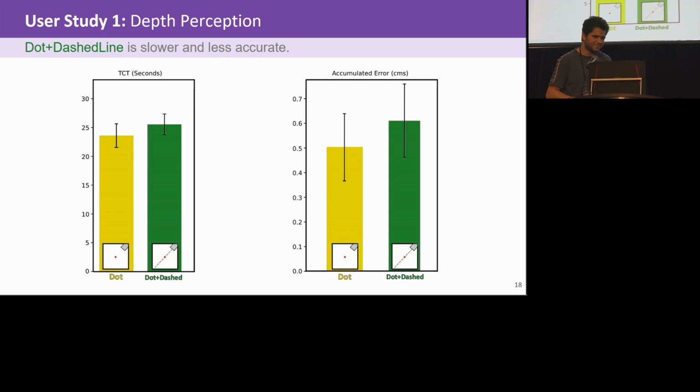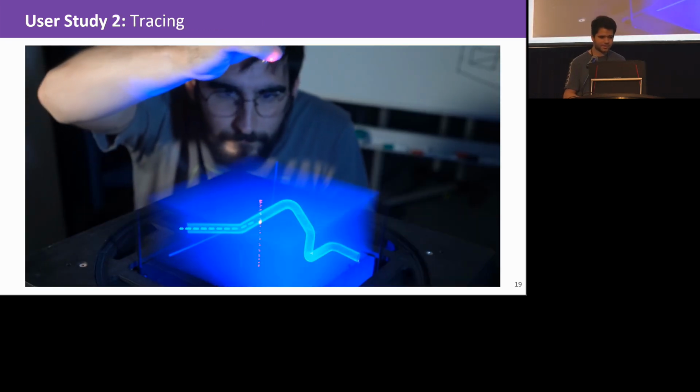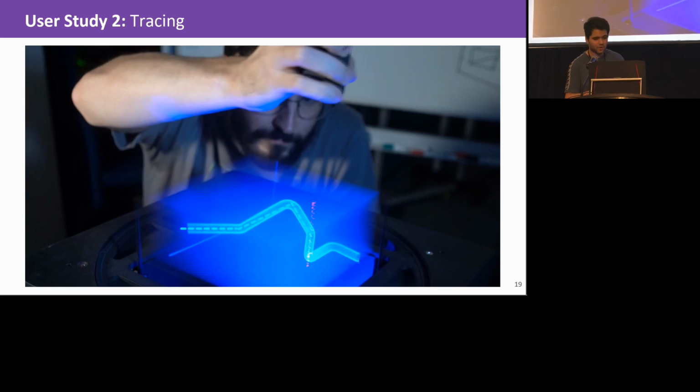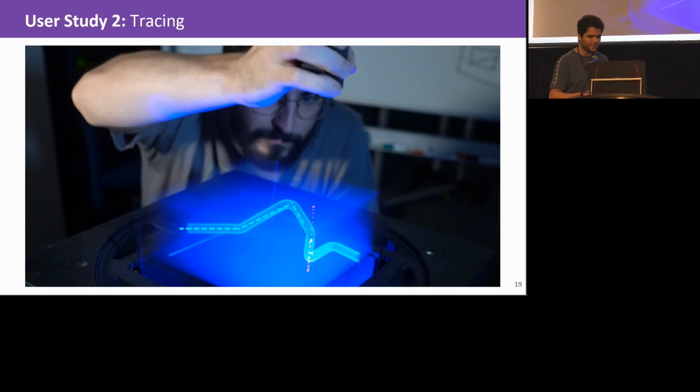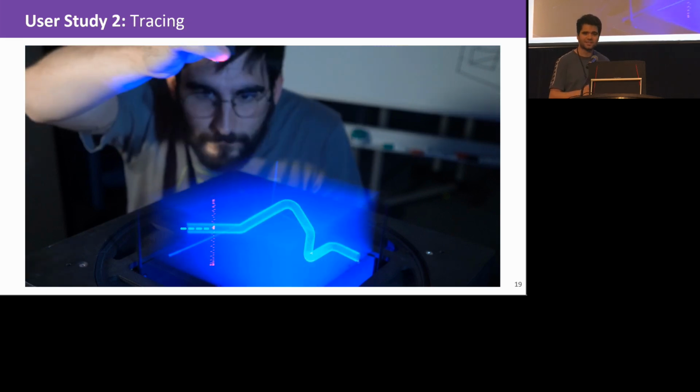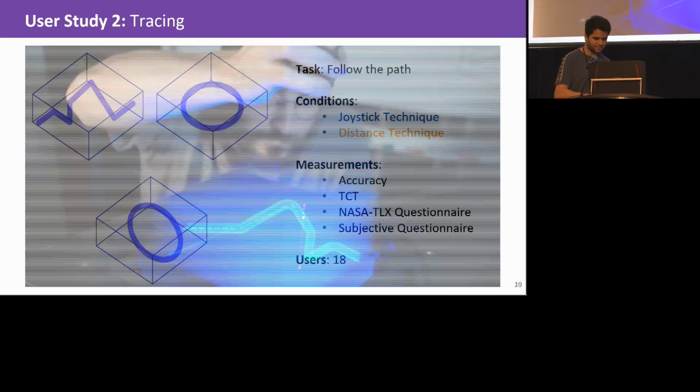The results show that the users perform better using just the regular dot, so in the further studies we continued using it. Then we got the second study, which consisted of a series of 3D paths, and the user had to follow them as fast and as accurately as possible.